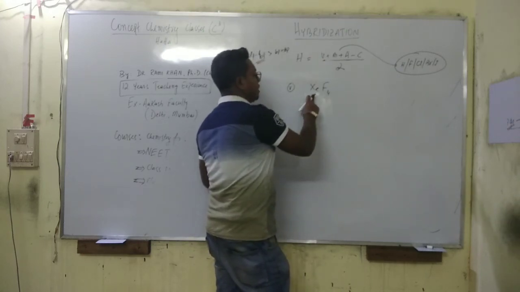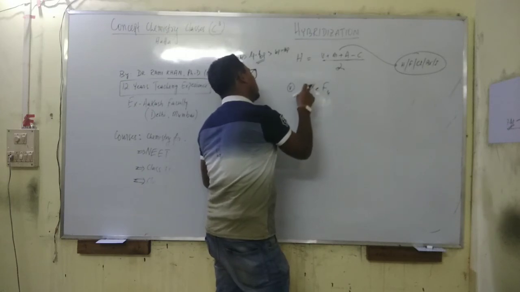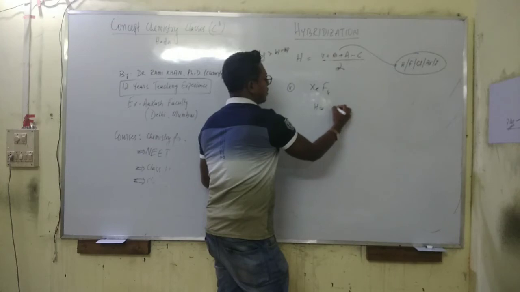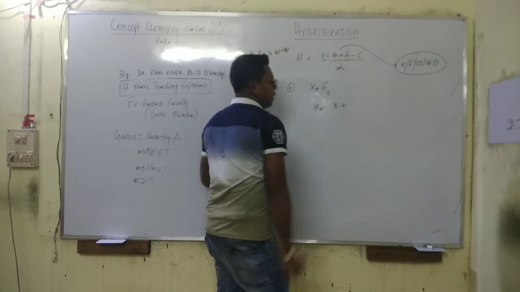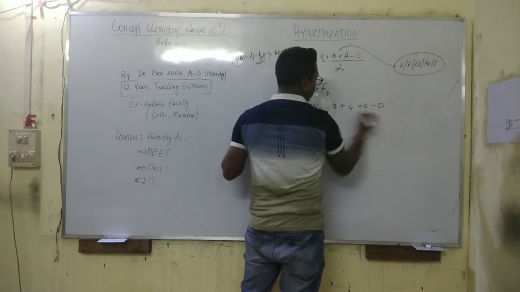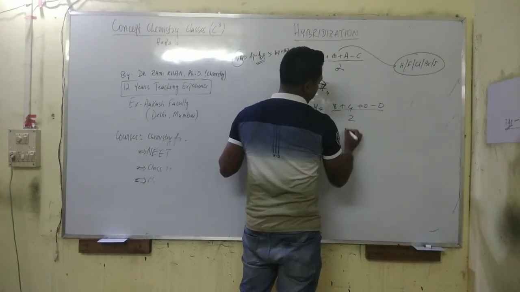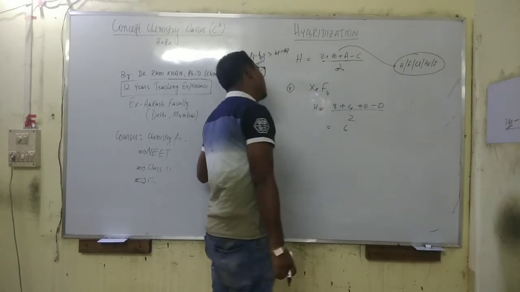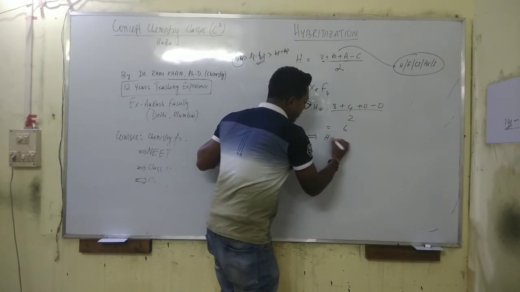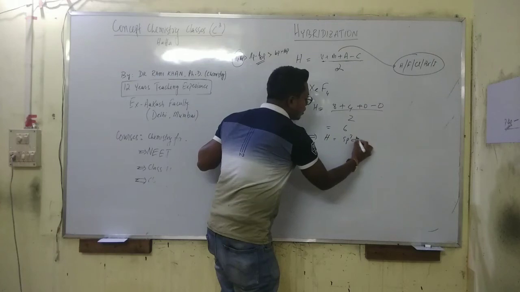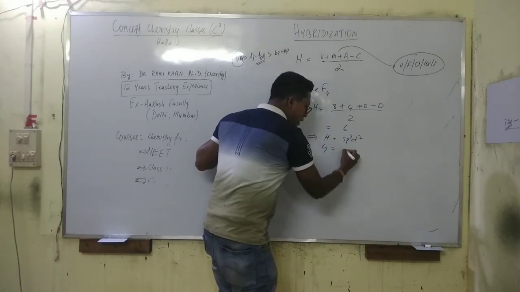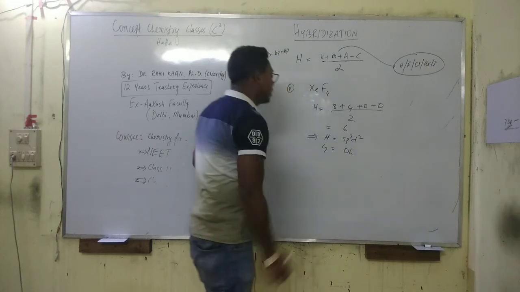So the number of valence electrons of xenon is 8. So V is 8, plus F is monovalent, therefore 4, plus 0 minus 0, divided by 2. This will give 6 as the value of H, which implies that hybridization is sp3d2. Geometry will be octahedral.